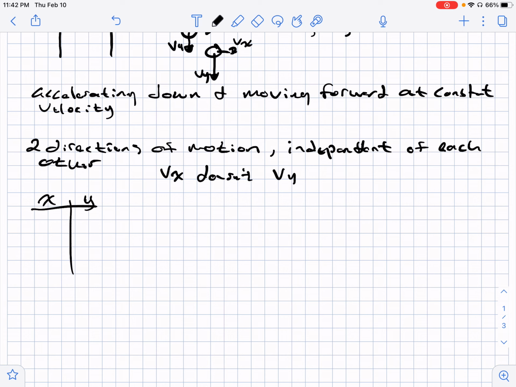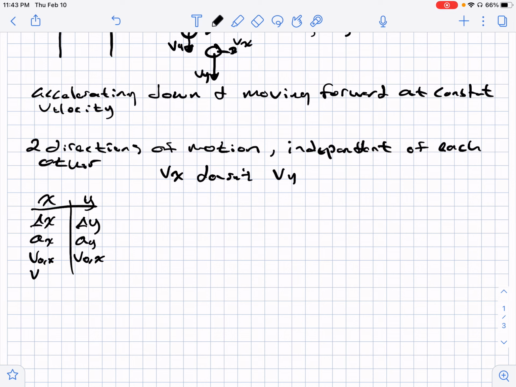That's the same case here, but we're going to have it for the horizontal side and for the vertical side. So in other words, we would have a delta x and then we'd have a delta y. We'd have an acceleration in the x direction, we'd have an acceleration in the y direction. We'd have initial vertical velocity and an initial horizontal velocity.